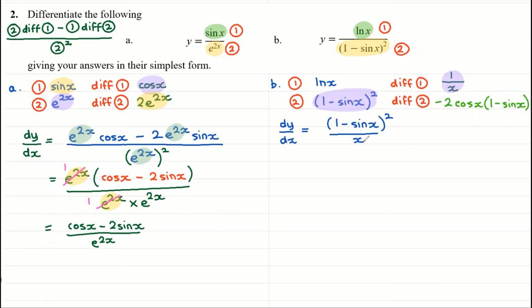And then I'm going to be subtracting. So this is where we've got to be a little bit careful here. The product of function 1 and the derivative of 2, which is all this. Notice we have a negative sign in the derivative of 2, which means that the double negative will create a positive.